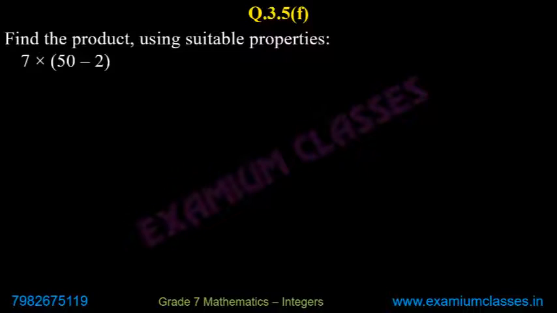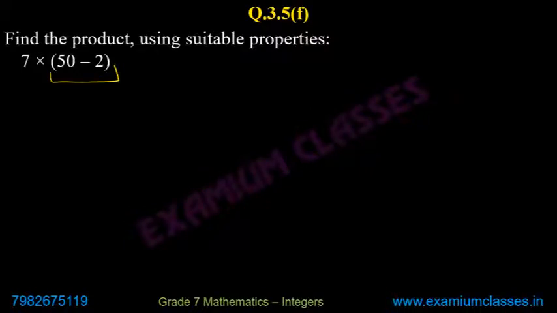Remember, in bracket, this is one term. This is one term. Tina, check your calculation. There is a calculation mistake. Instead of minus, you have taken plus. Arush, correct. Samarth, there is a calculation mistake. Property is correct.